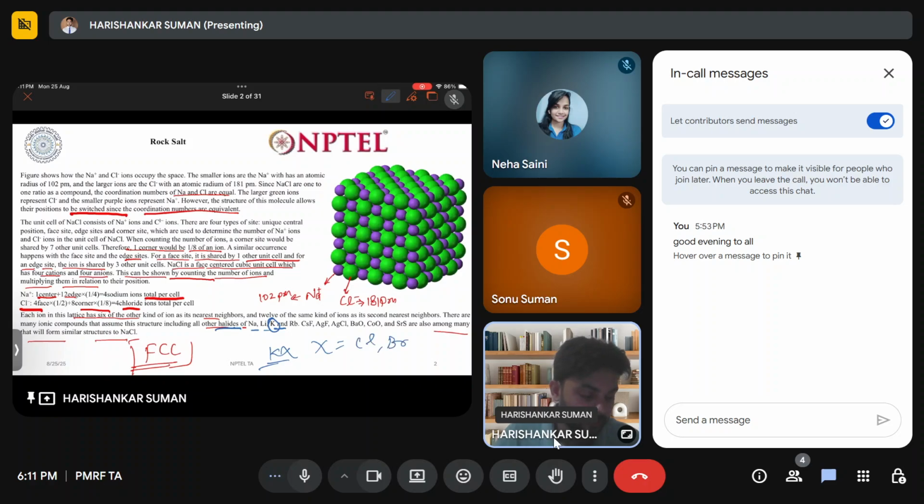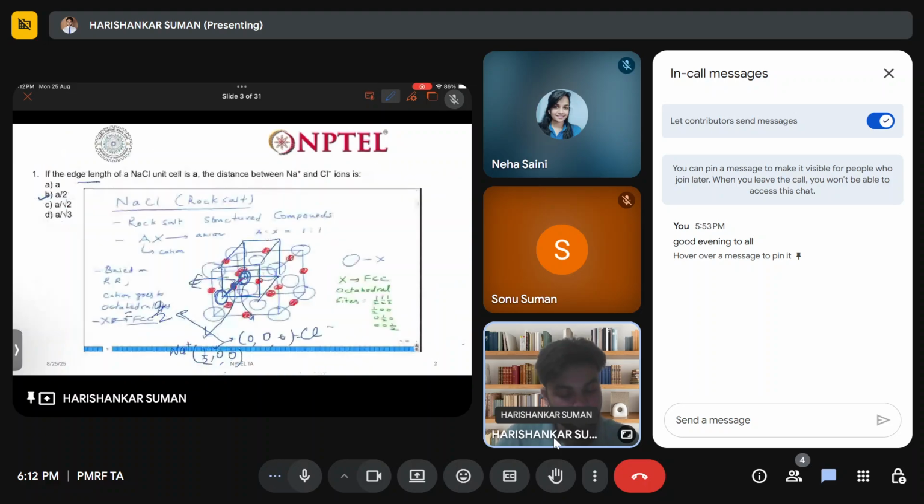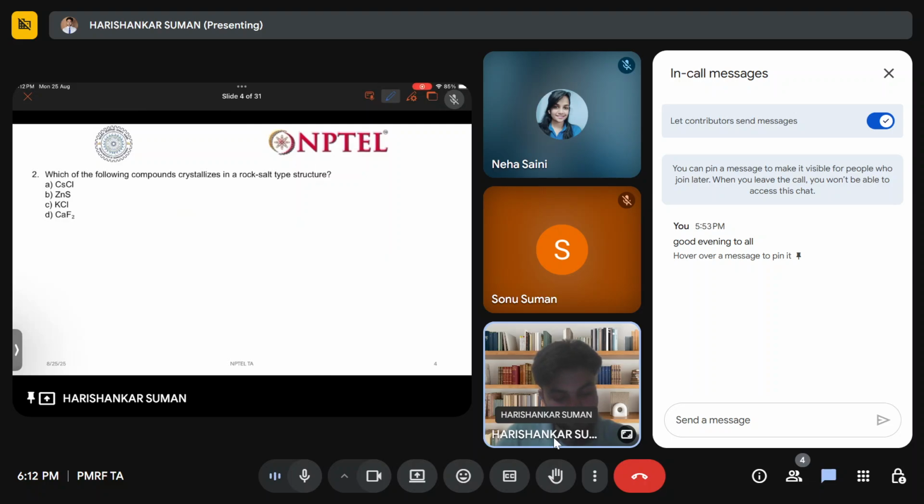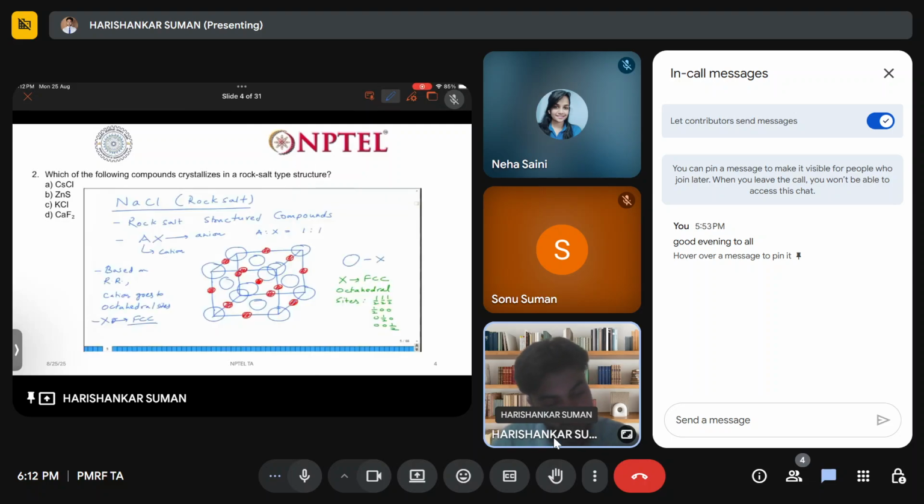So KCl, like structure will be rock salt. So answer will be C. Clear?